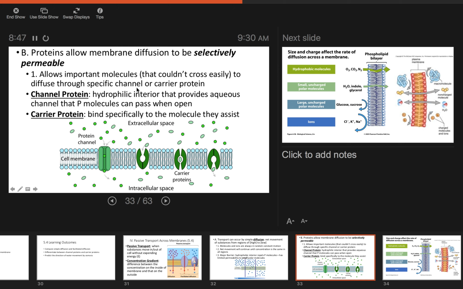They're specific as to what they latch onto and move across the membrane, and this is really important because it can move some really important molecules like glucose or sucrose or ions. So channel proteins have a hydrophilic interior, which means they love water, providing an aqueous channel that polar molecules can pass through when they open. Carrier proteins bind specifically to the molecule they assist. So there's this hydrophilic center right here, and carrier proteins latch on to specific molecules.